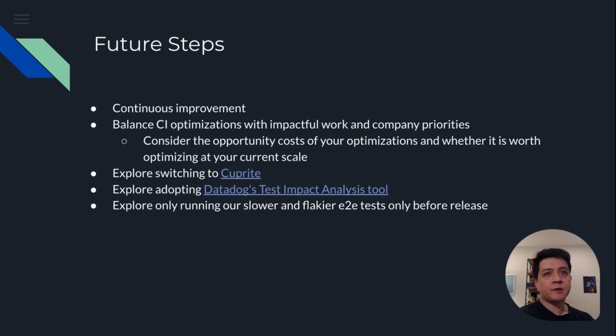So consider the opportunity cost of your optimizations and whether it's worth optimizing at your current scale. For example, you don't want to over-optimize when your test suite is still super small. You don't want to waste a month investigating an optimization that will only save you hundreds of dollars.